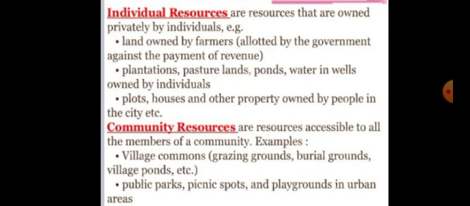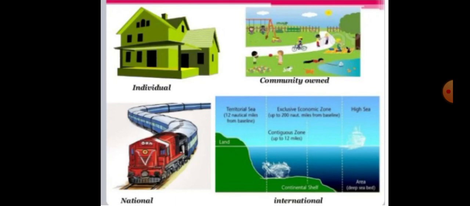For example, common grazing grounds for the animals, they can take the animals to graze, and burial grounds after the person is dead, the cremation grounds, the burial grounds, the village ponds, etc. Public parks, picnic spots, these all belong to all people of the region. The image showing all the types of resources.